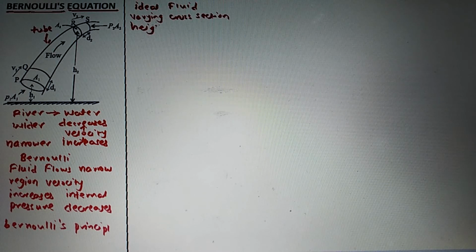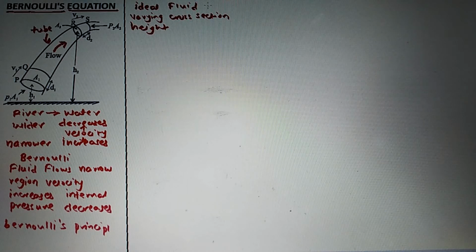Now see this figure here. This figure shows that an ideal fluid is flowing through this tube of varying cross section and height.